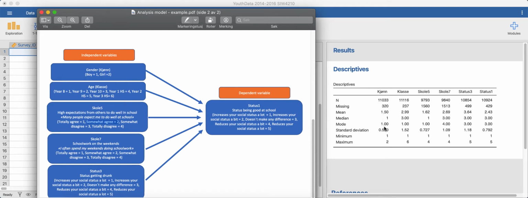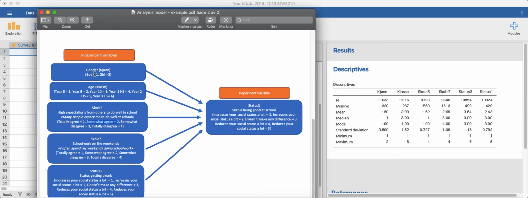interpretation of these numbers. As you can see from kjønn, which is gender, in this data set, the mode, which is the most frequent value, is 1, that's boys, because boy is equal to 1, so there are more boys than girls in this data set.